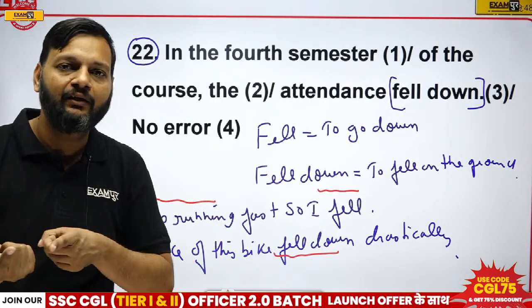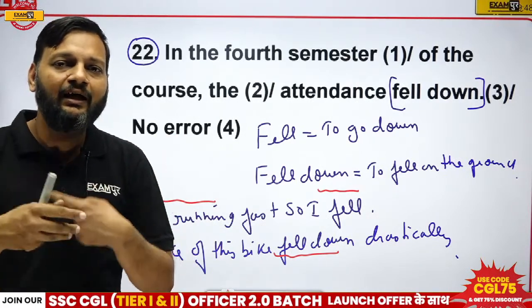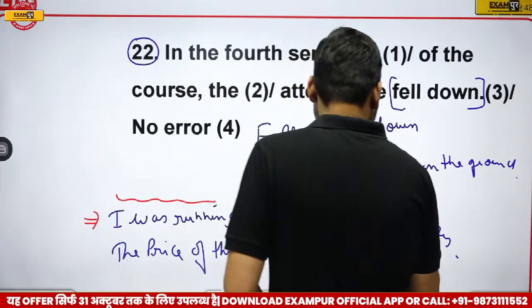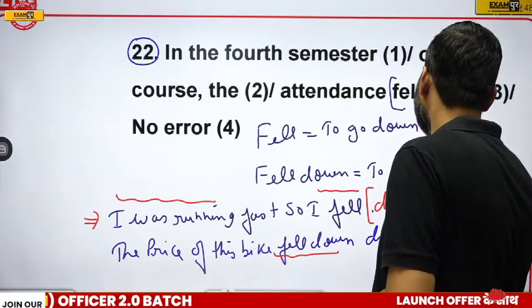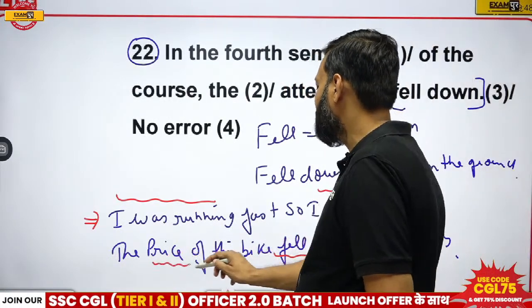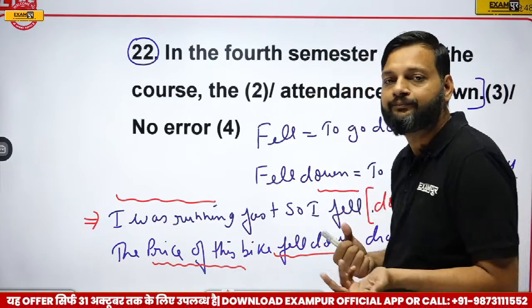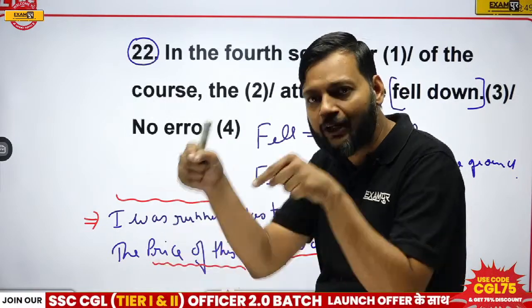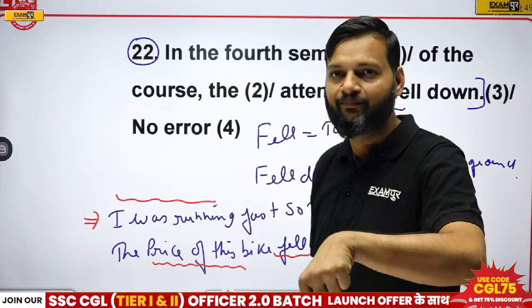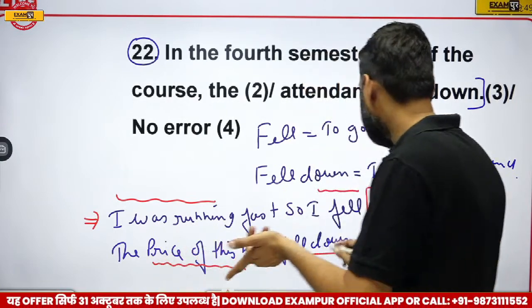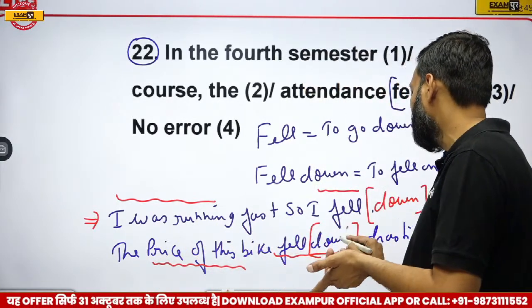I was running, and I fell on the ground, so here fell will be followed by down. But in the second sentence, we are talking about the price of a bike. The price will not fall on the ground. It will decrease. To fall means to decrease. So here down is superfluous. Here down will not be used.